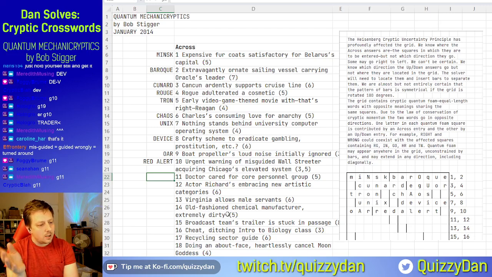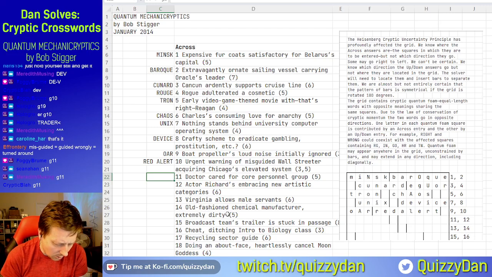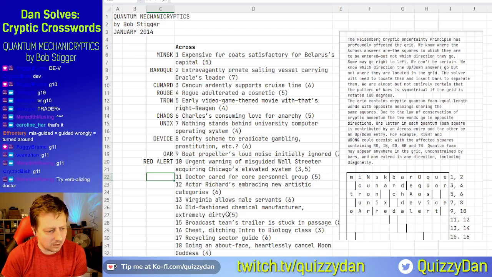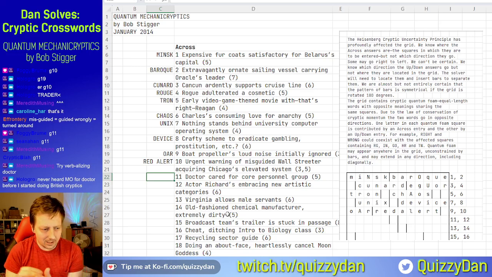None of those are 3 or 4 letters. Core personnel group. What's your core? It's like your A team. It's like your absolute necessaries.